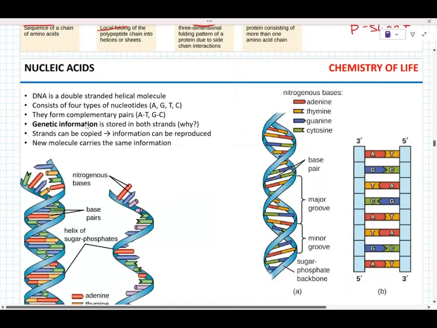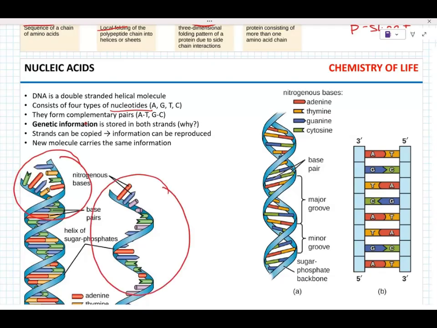Finally, nucleic acids. These guys consist of nucleotides, 4 types, A, G, T, and C for DNA. For RNA, T will be replaced by U. Please do not focus on that now. It's Unit 2. For our intents and purposes, DNA is double-stranded, RNA is single-stranded.